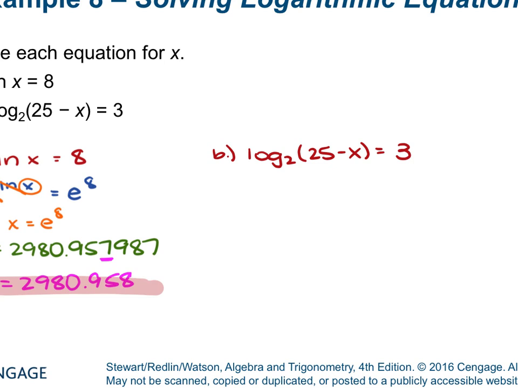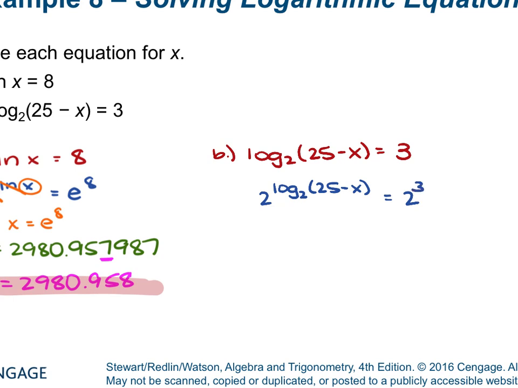For example B, we are given log base 2 of 25 minus x is equal to 3. Now, with this one, you have a base of 2 on that log. So that's going to be your base on both sides. So you're going to do 2 to the power of log base 2 of 25 minus x is equal to 2 to the 3rd power.